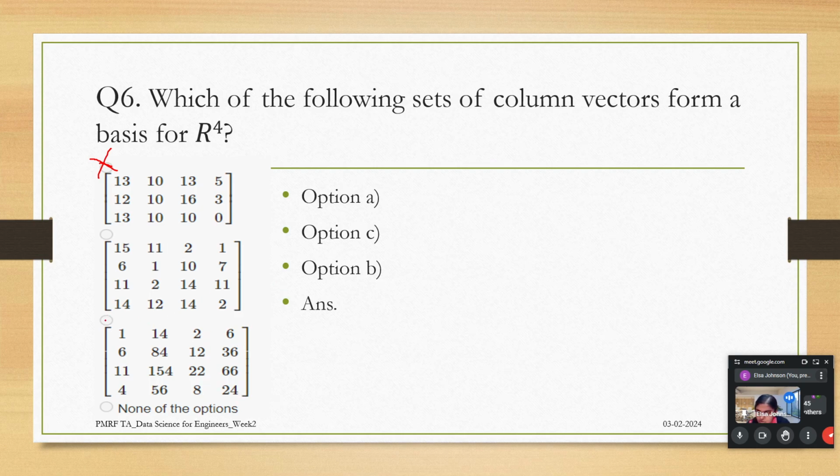So C also is not an option. Why is C not an option? Because here there is dependence. So anyway your option will be B only. Is that clear for everyone?